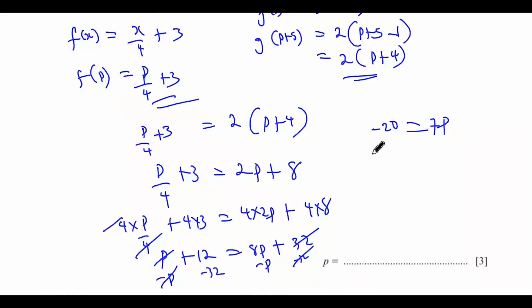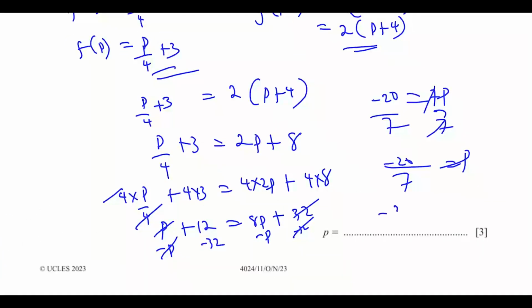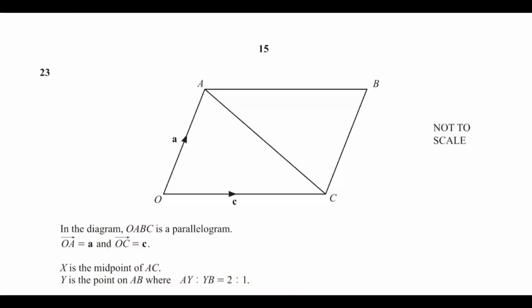Now divide both sides by 7, so minus 20 over 7 equals p. That means p is equal to minus 20 over 7. So let's go to the next question.